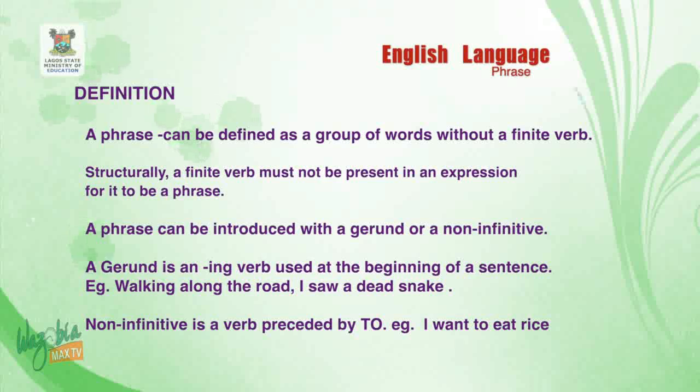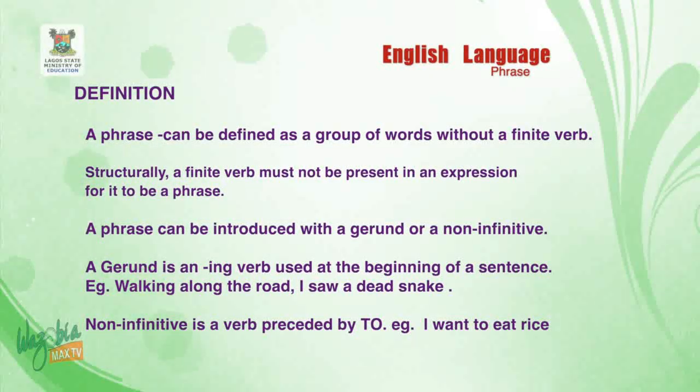A phrase can be introduced with a gerund or a non-finite verb. A gerund is an ing verb used at the beginning of a sentence. E.g., walking along the road, I saw a dead snake. Walking along the road is a phrase because the first word there is a gerund, walking.